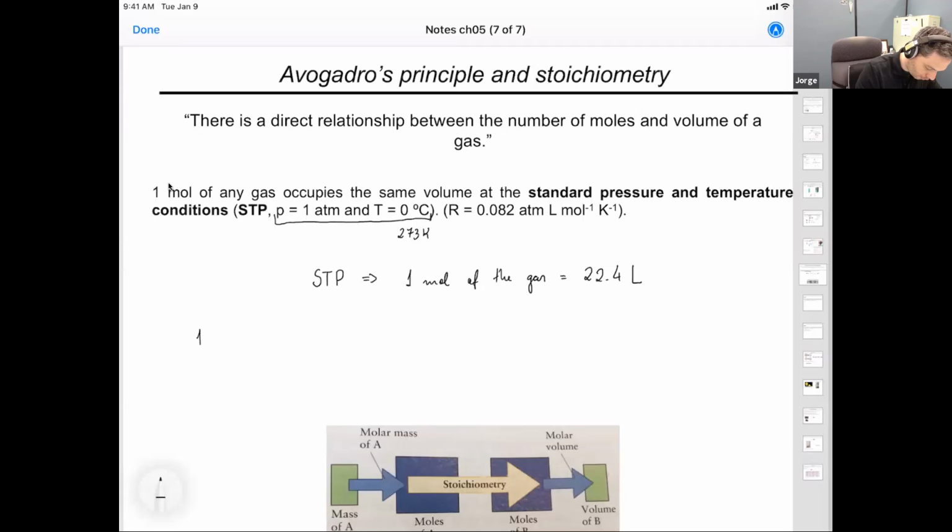So we know from the beginning that 1 mole of any substance is equivalent to 6.02 times 10 to the 23rd entities. We can correlate mole with mass using the molar mass.